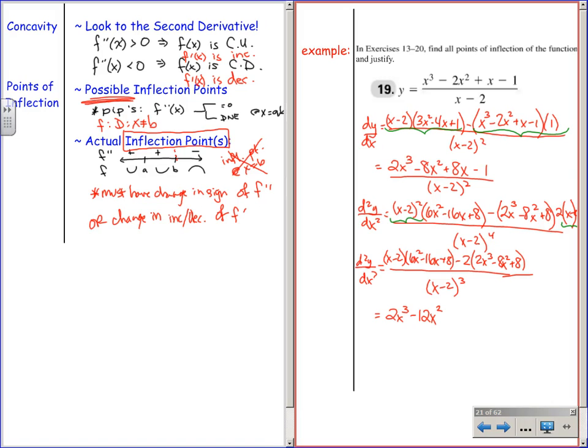Oh, I didn't write the minus 1. That's what happens when you run out of space. There. Is that better?